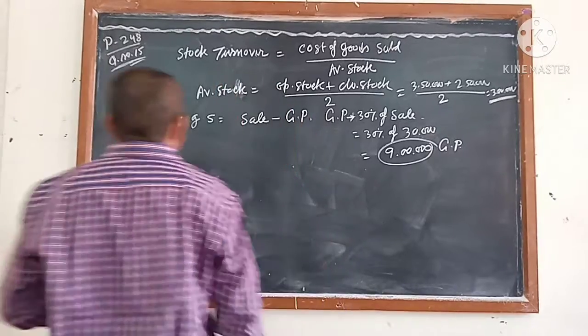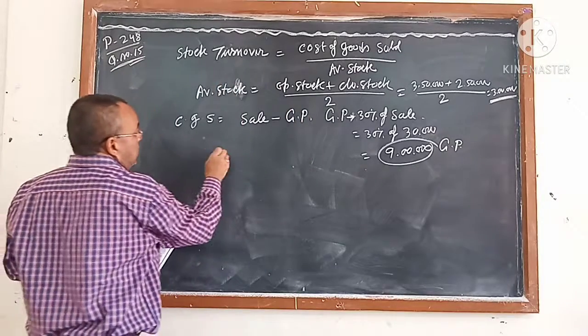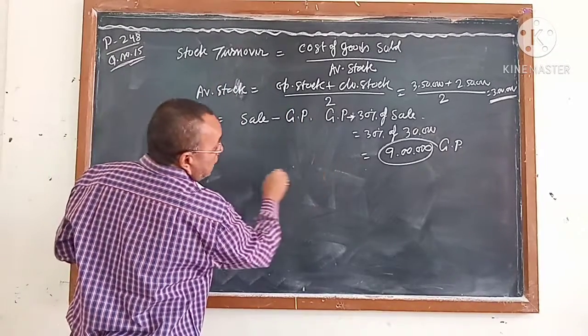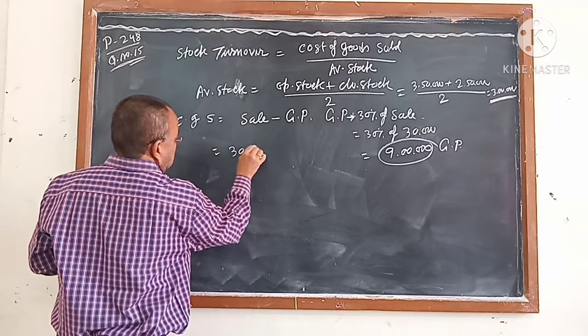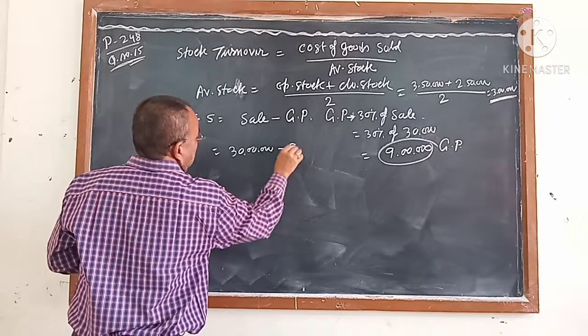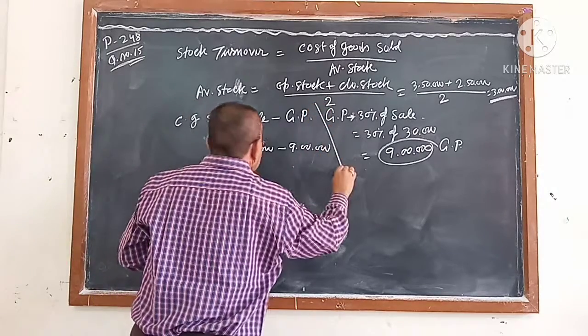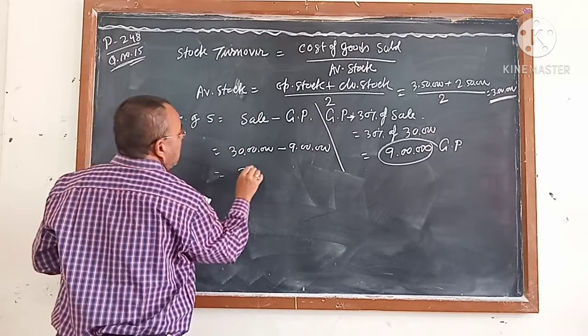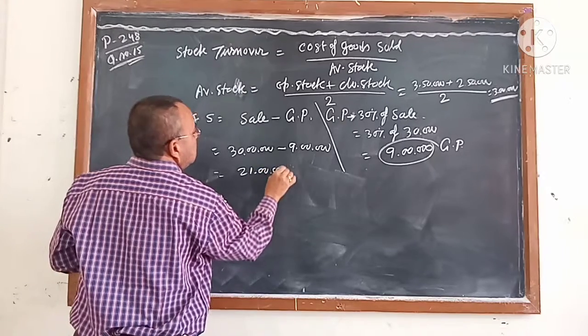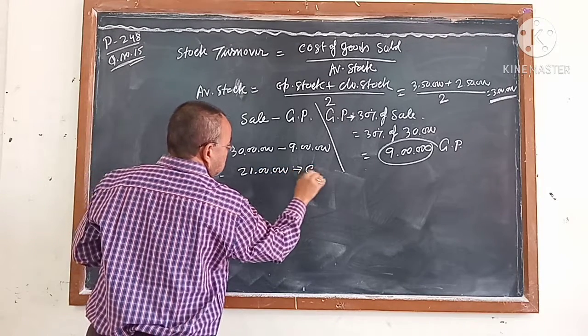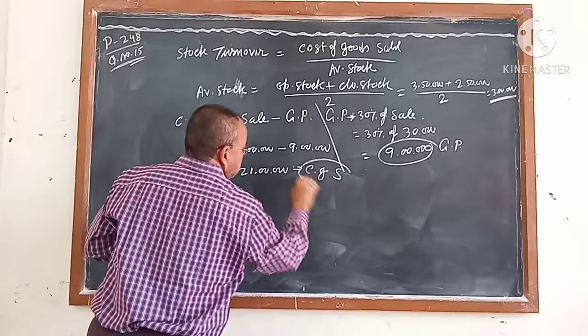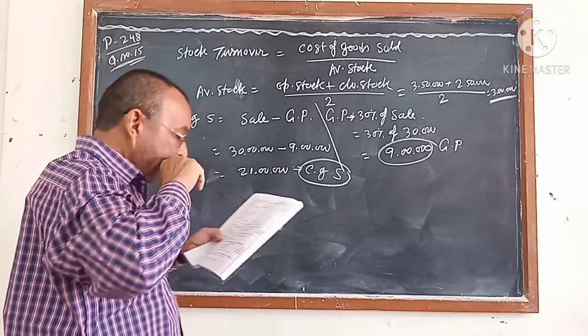So CGS you are able to find out, because 30 lakhs minus 9 lakh is going to come how much? 21 lakhs. 21 lakh is your CGS, cost of goods sold.